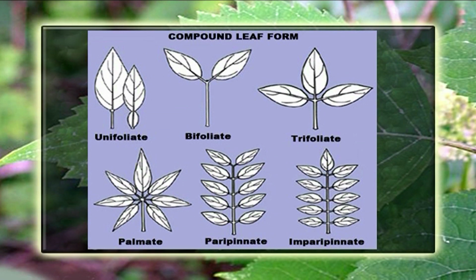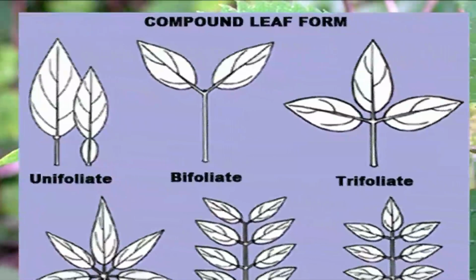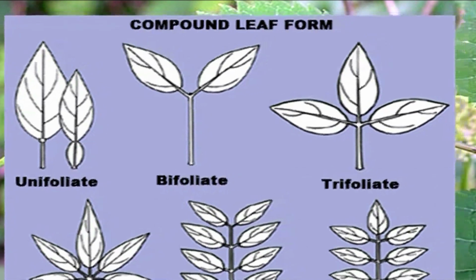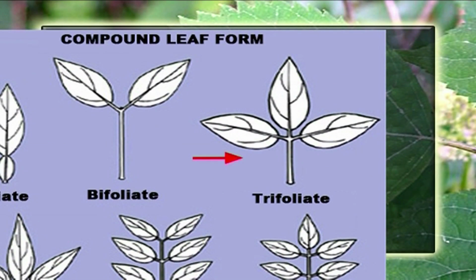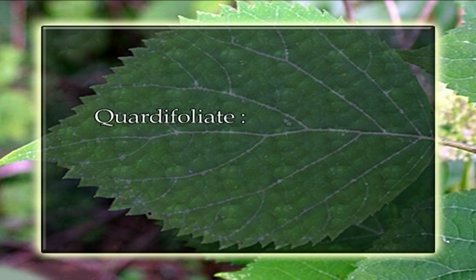Now, unifoliate. A single leaflet is articulated to the petiole, for example in citrus, lemon, etc. Bifoliate. Two leaflets are articulated to the petiole, for example in Balanites roxburghii. Trifoliate. Three leaflets are articulated to the petiole, for example Aegle marmelos. Quadrifoliate. Four leaflets are articulated to the petiole, for example Paris quadrifolia.